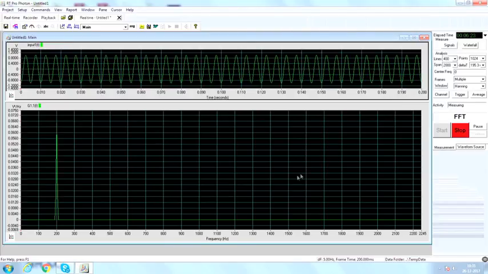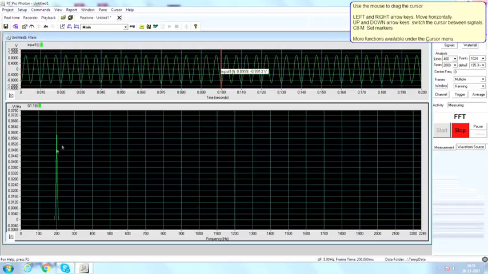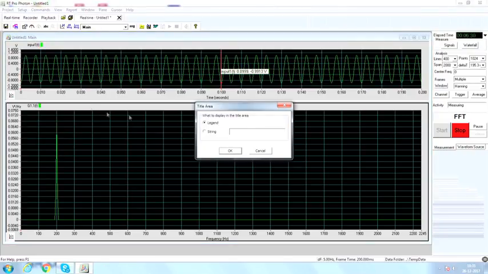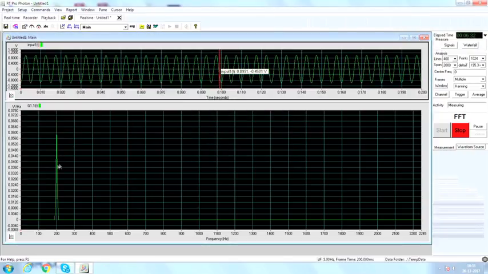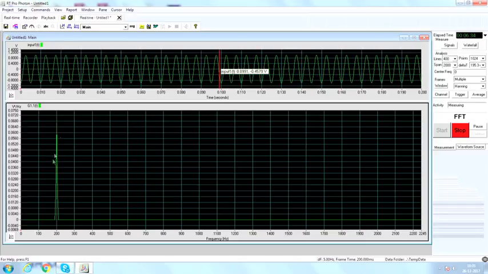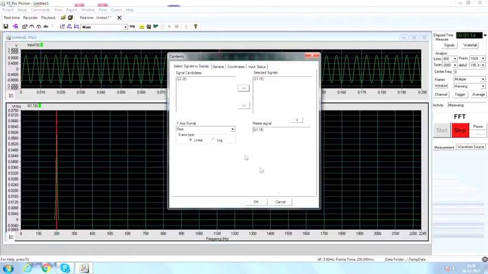So I look at the bottom window here, and if I move the cursor, let's say the magnitude, and I will change the units to RMS.